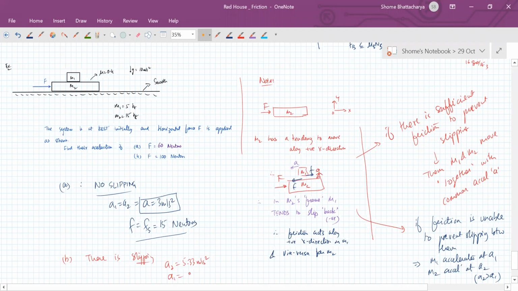And a1 will be 4 meters per second square. And the friction will be kinetic friction, and it will be equal to 20 newtons. So I'll show you how to get these results, but those of you who already worked it out, you can verify your answers.